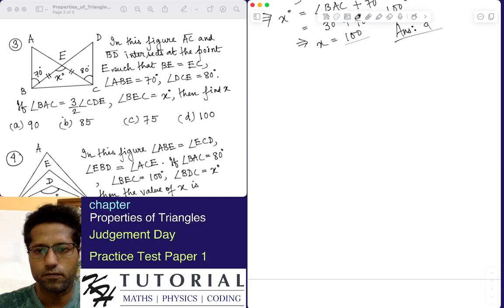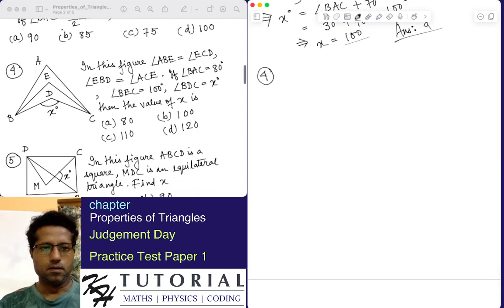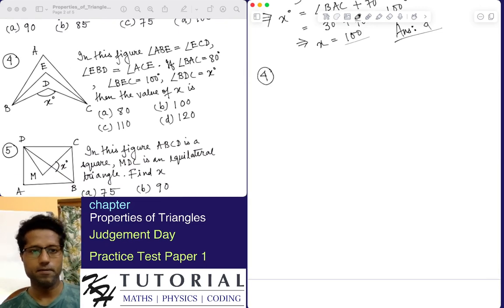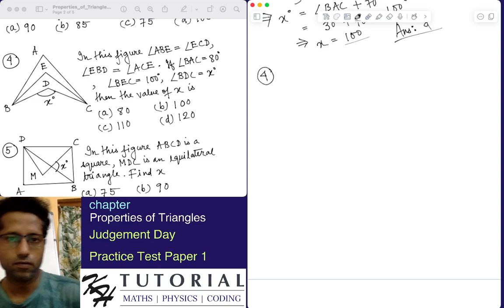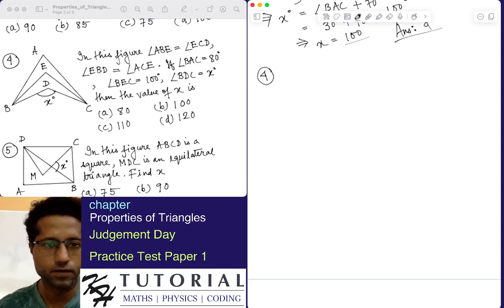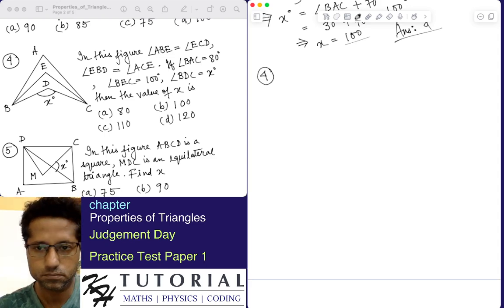Let's do problem number 4. In this figure, a figure is given. In this figure, angle ABE is equal to angle ECD. Okay, let's draw the figure. First, we have this BA.